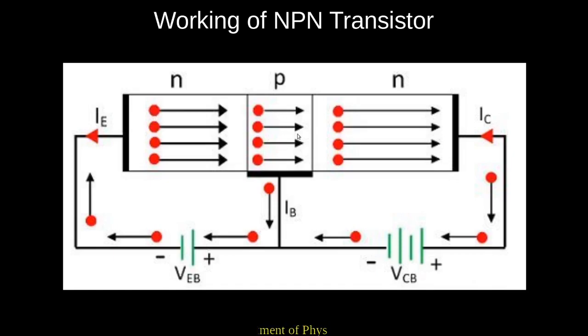The base of the NPN transistor is lightly doped, due to which only a few electrons combine and the remaining constitute the base current, that is referred to as IB. These electrons enter into the collector region.